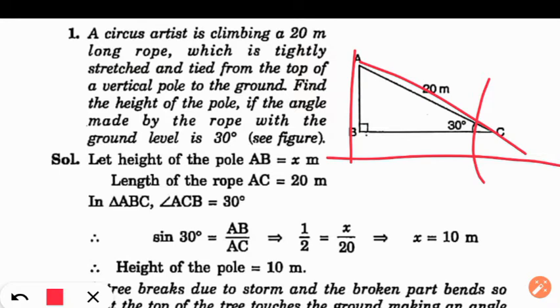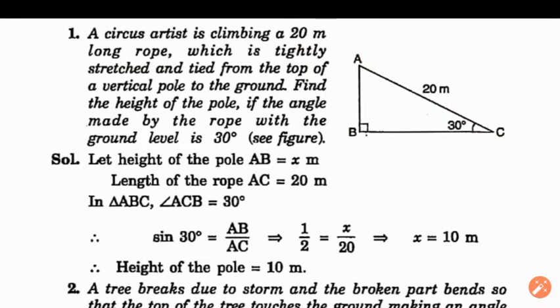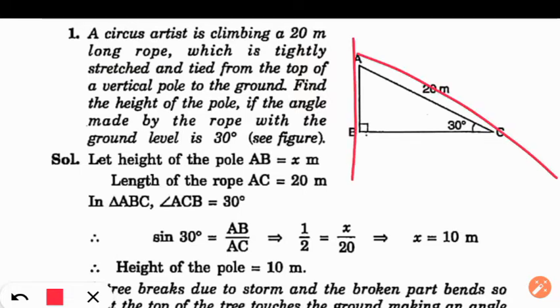Now, tell me a trigonometrical ratio in which we have perpendicular and hypotenuse. Why am I saying perpendicular and hypotenuse? Because the perpendicular is required to be found and the hypotenuse is given. So, which trigonometrical ratio will we use where we have perpendicular and hypotenuse? Sine. Some people have said it, right.